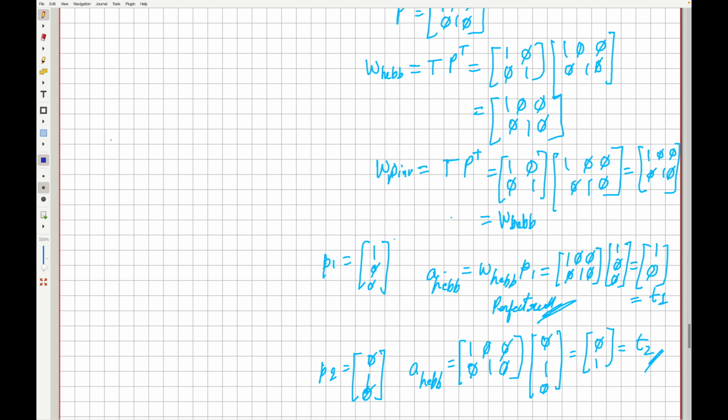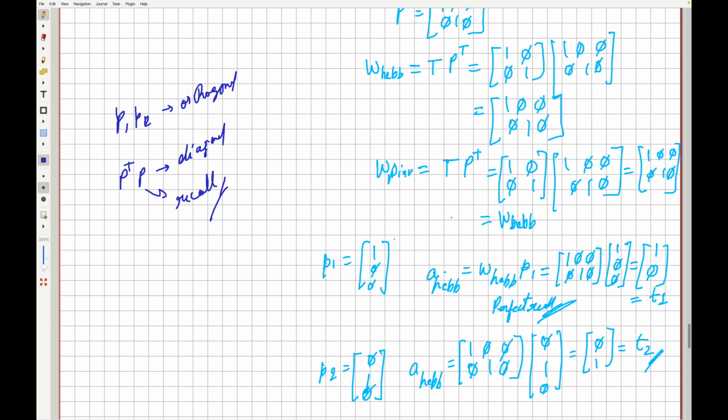So the take home message here is that because the inputs P1 and P2 are orthogonal, what made that possible was the dot product of P transpose P. It was diagonal, and in the diagonal matrix we saw that the off diagonal elements were 0, and that allowed us to get a perfect recall.